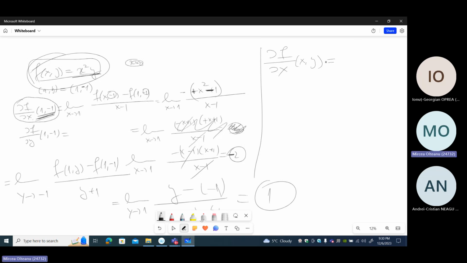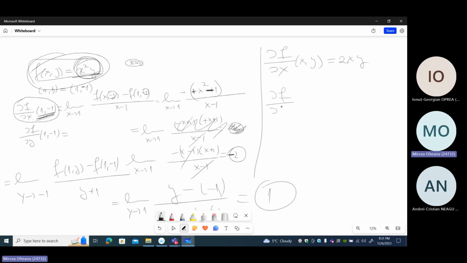Here we compute it as follows. We think of this expression as a function of one single variable x, because attention, y is a constant. So y is a constant, x is the only variable. And now, what's the derivative of this expression with respect to x as a function of one single variable x? Of course, it is 2xy.